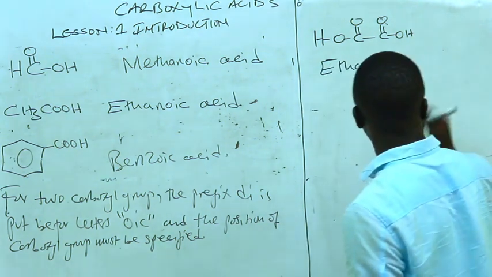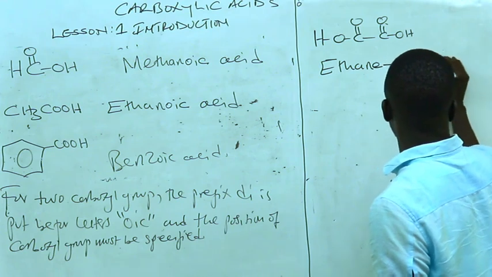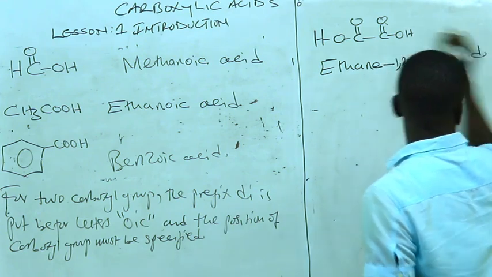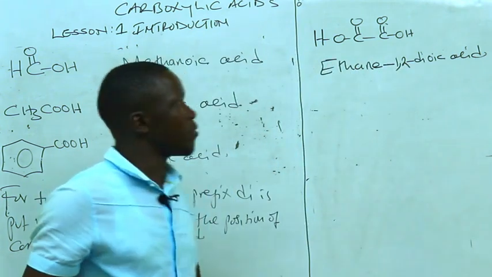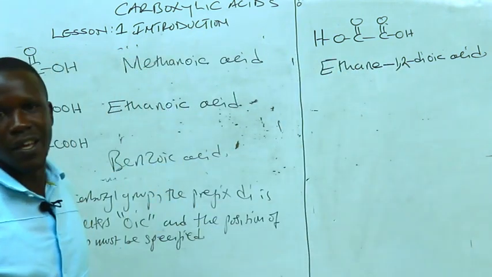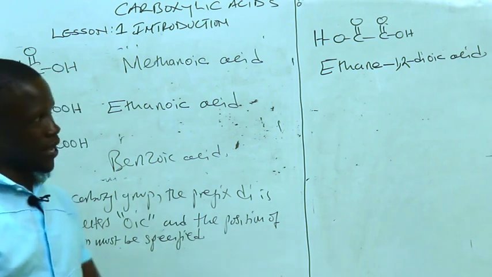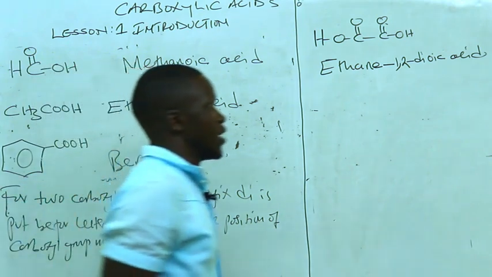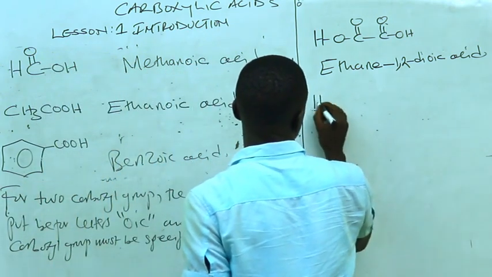So this is ethane-1,2-dioic acid. This time we don't replace the letter E, we just fix in the positions and dioic acid: ethane-1,2-dioic acid. What if they were 3?